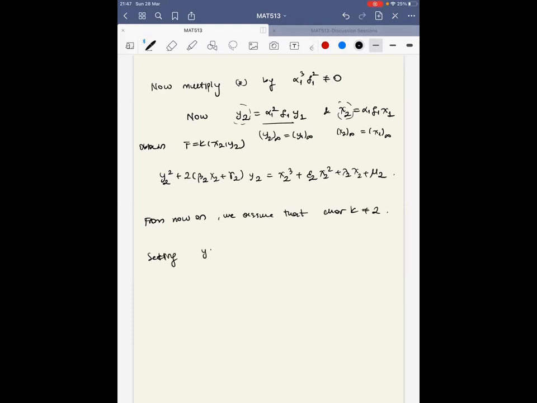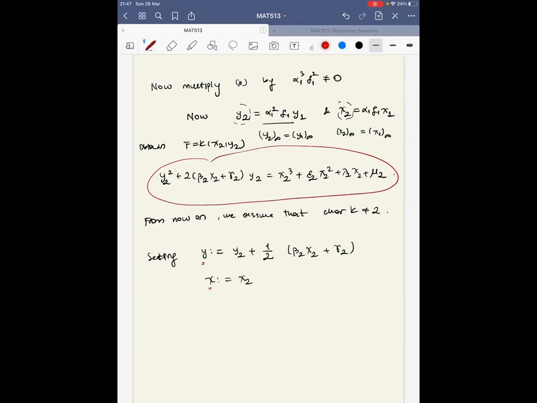By this assumption, again, we consider some transformations which allow us to write the same equation in terms of this x and y. And similarly, we can also observe that the pole divisor of y is equal to the pole divisor of y2.